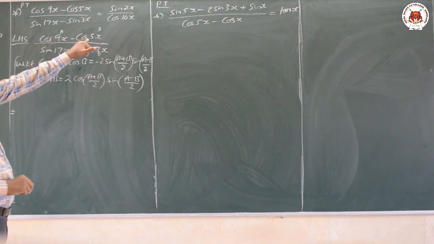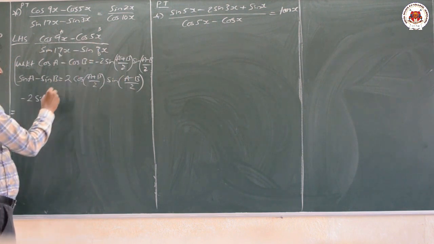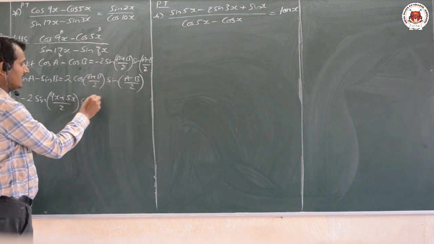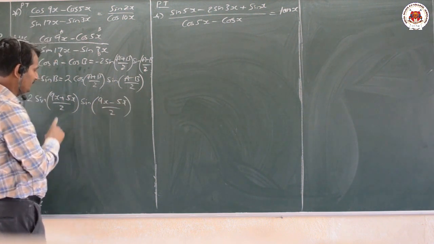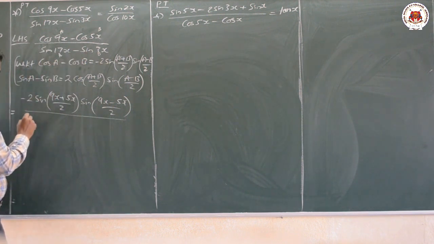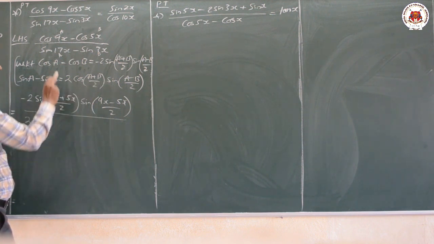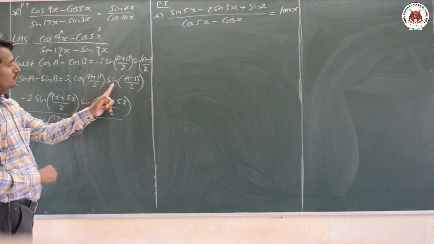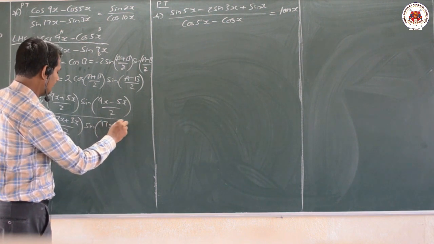That is cos A minus cos B, so we have minus 2 sin of A plus B by 2, that is 9x plus 5x whole divided by 2, into sin of A minus B, that is 9x minus 5x whole divided by 2, whole divided by sin A minus sin B. The formula is 2 cos of A plus B by 2, that is here 17x plus 3x by 2, into sin of A minus B, that is 17x minus 3x divided by 2.